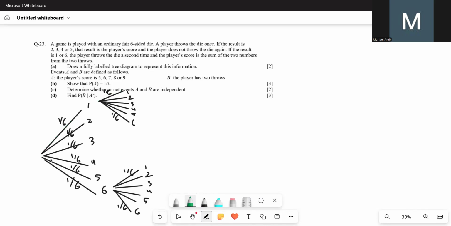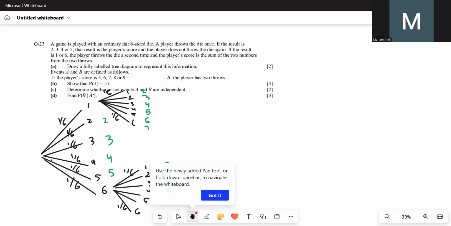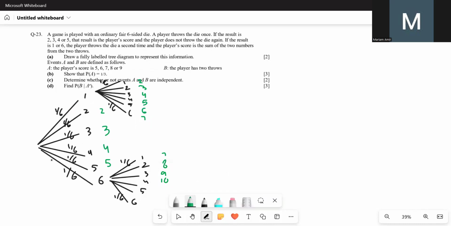Then 1 and 2 gives a score of 3, 1 and 3 gives a score of 4, then 5, 6, and 7. The score is still 2 for this one, then 3, 4, 5. And here the score will be 7, 8, 9, 10, 11, and 12.